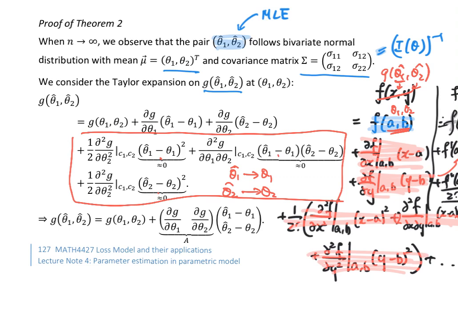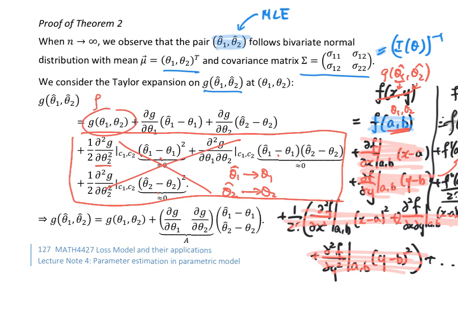And because g is twice differentiable, and c1 and c2 will be getting close to theta 1 and theta 2, this function will be bounded. In that case, these three terms will be getting close to 0, so you can forget about them. Now what you need to do is get the distribution by analyzing the first three terms.